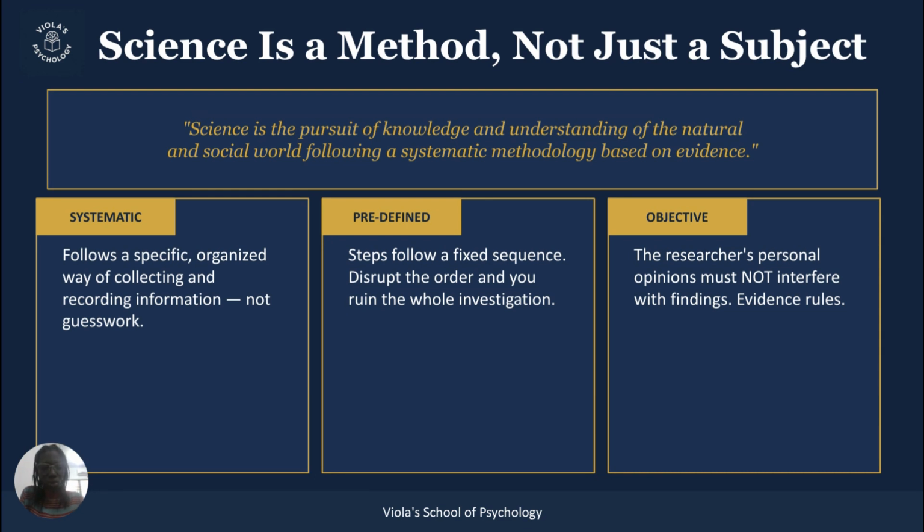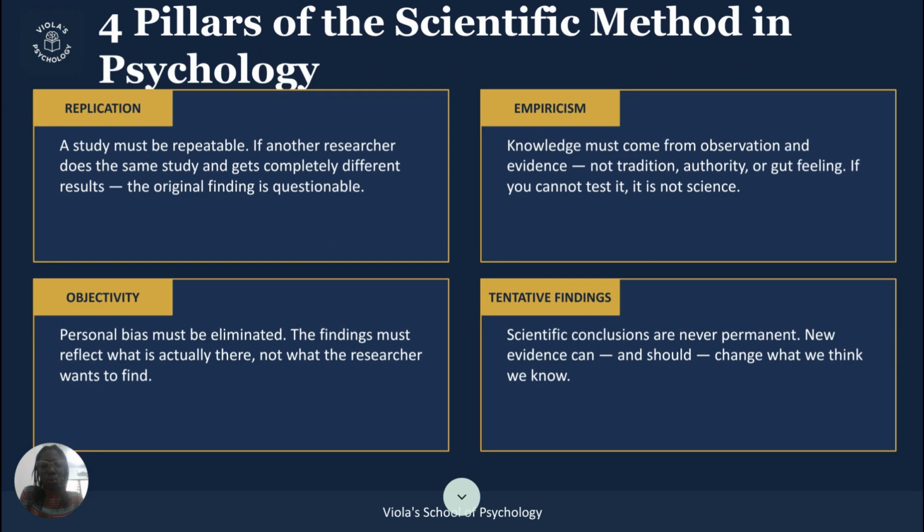All right, so now the textbook gave us 4 pillars that hold the scientific method together, right? Every legitimate psychological study must stand on all these four pillars. Pillar 1 is replication. So a good study must be repeatable. Okay.